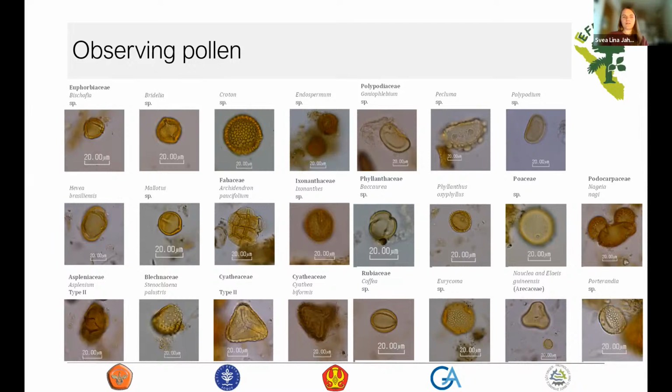When you look at this, for example, here Croton, you have beautiful shapes and colors and wall structures, which I think is also very fascinating about pollen itself, that it can be so diverse and also actually allow us identification.